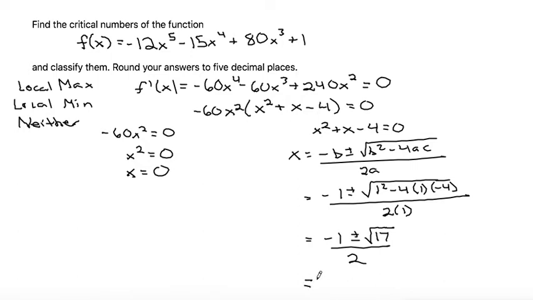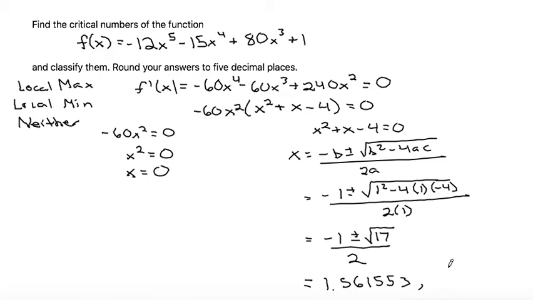So if we do negative 1 plus the square root of 17 and divide that by 2, I get 1.561553.